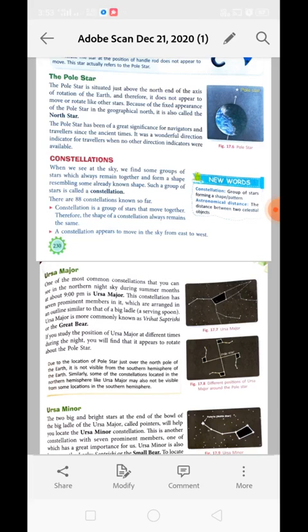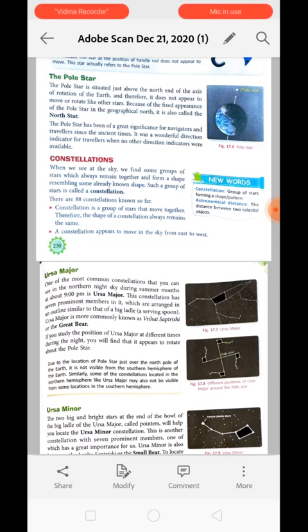Understood? Such a group of stars which resemble any known shape is known as a constellation. There are almost 88 constellations known so far. A constellation is a group of stars that move together. Therefore, the shape of a constellation always remains the same. Constellations appear to move in the night sky from east to west.